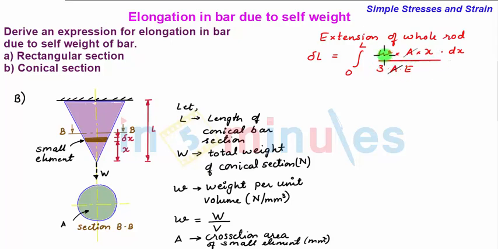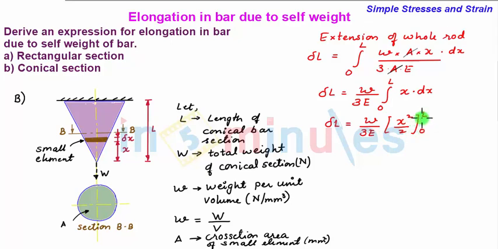Now we see that this weight per unit volume w and this capital E are constant. So taking the constants outside, we have delta L equal to w by 3E into the integral of x dx in the limit 0 to L. Now upon integrating, we have delta L equal to w by 3E into x square by 2 with the limit 0 to L. Now upon applying the limits, we have delta L equal to w by 3E into (L square minus 0) by 2.